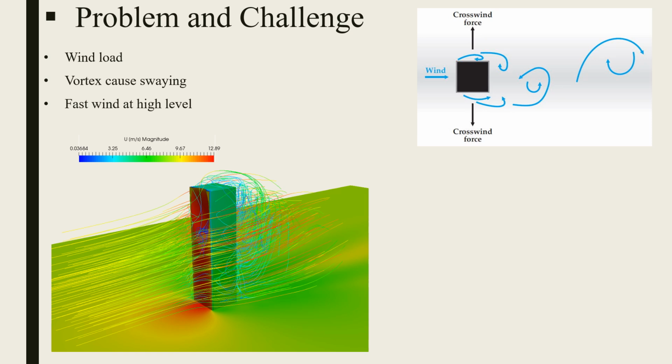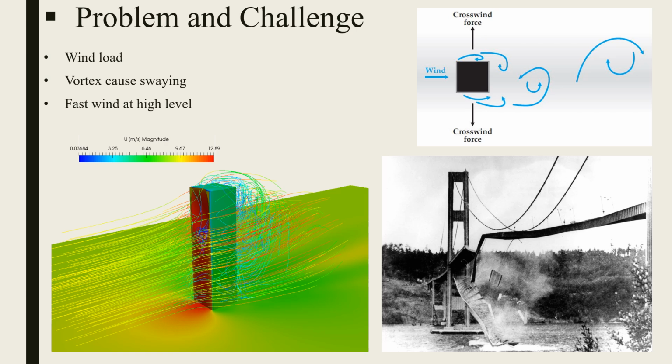So when building Burj Khalifa, it is very important to account for this load, or there will be serious consequences. As an example, at the Tacoma Bridge, the wind load acted as a resonator, which resonated with the natural frequency of the bridge and caused it to collapse.